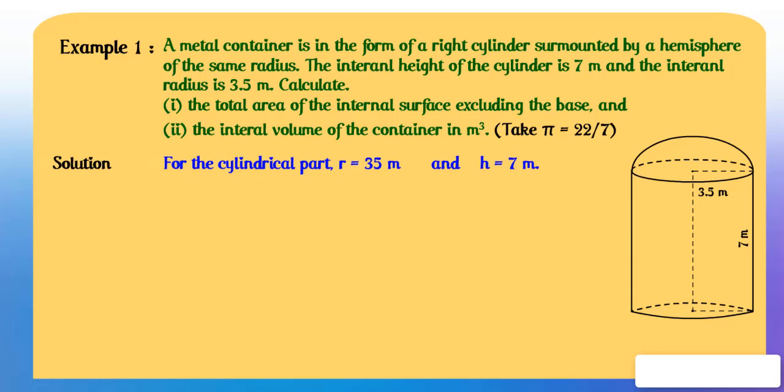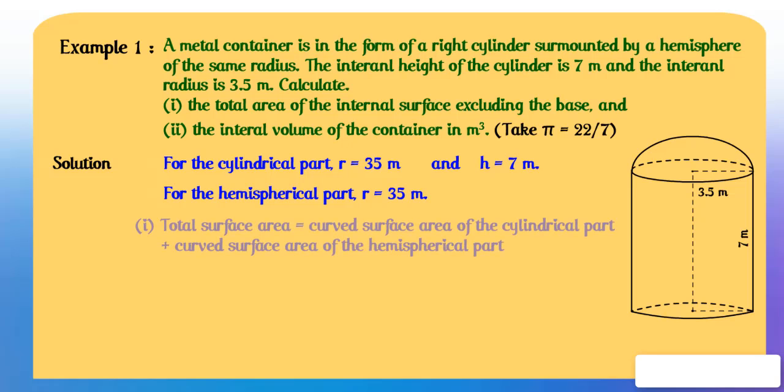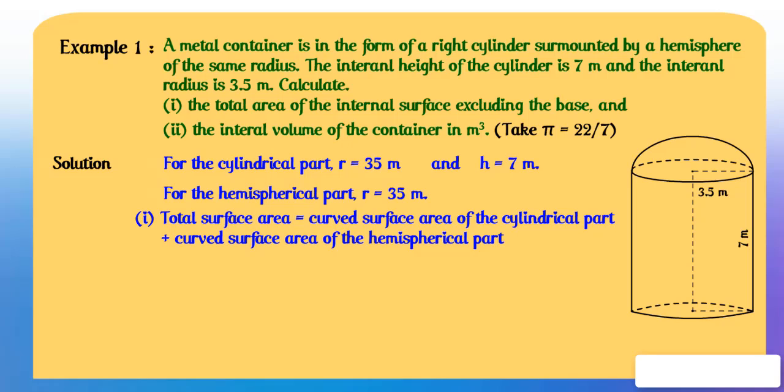Let's solve this. For the cylindrical part, r is equal to 3.5 meter and h is equal to 7 meters. For the hemispherical part, r is equal to 3.5 meters. First, total surface area is equal to curved surface area of the cylindrical part plus curved surface area of the hemispherical part.